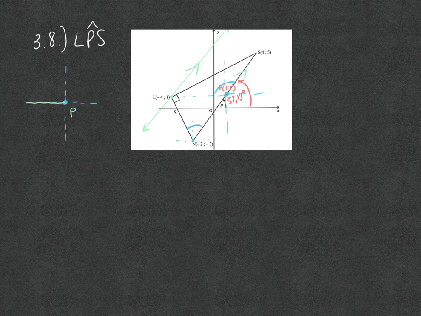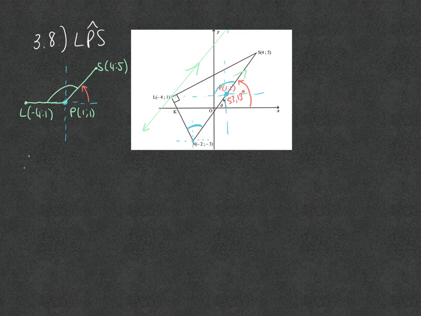So that is going to be there. And so this is P, and then this is going to go up to S, and this is L. And I'm looking for this angle. I know S is 4 and 5. I know P is 1 and 1 now. We've solved that in the previous question. And we know that L is minus 4 and 1. Okay, so all I need basically is this angle of inclination, and then I'm just going to minus it from 180.